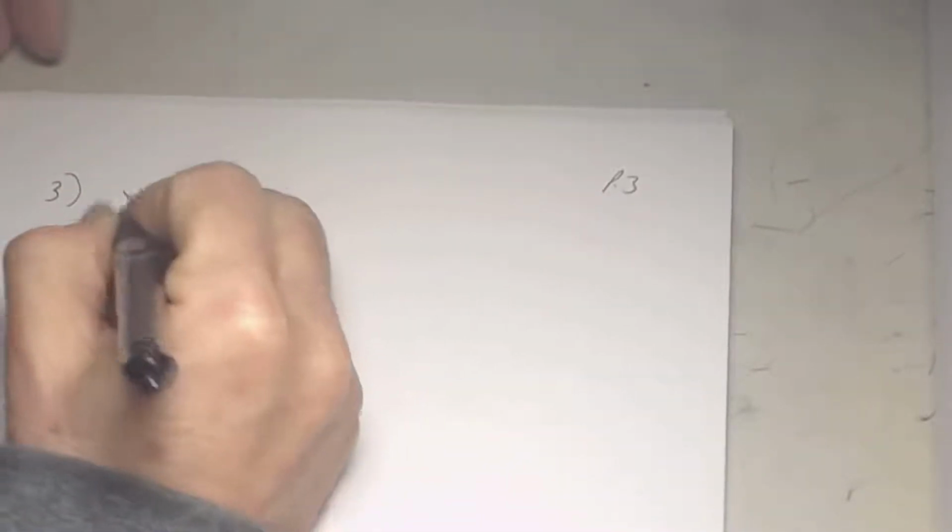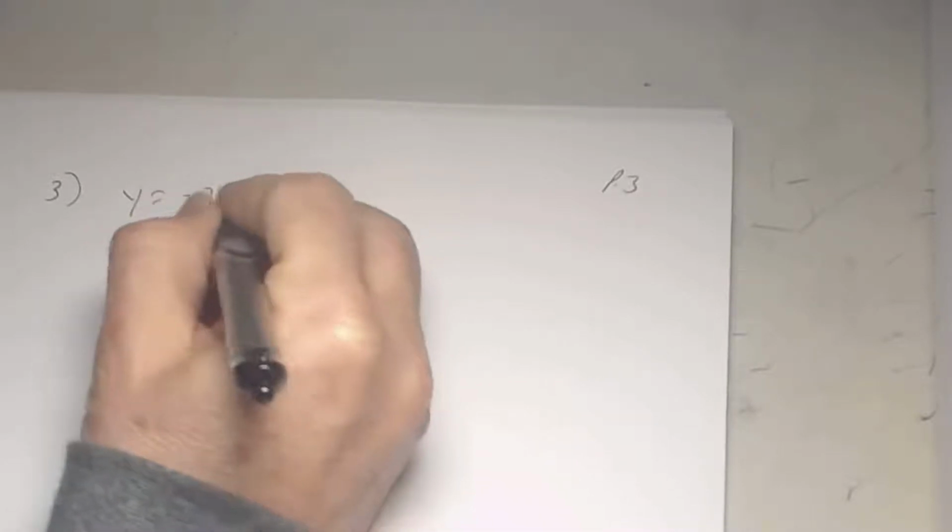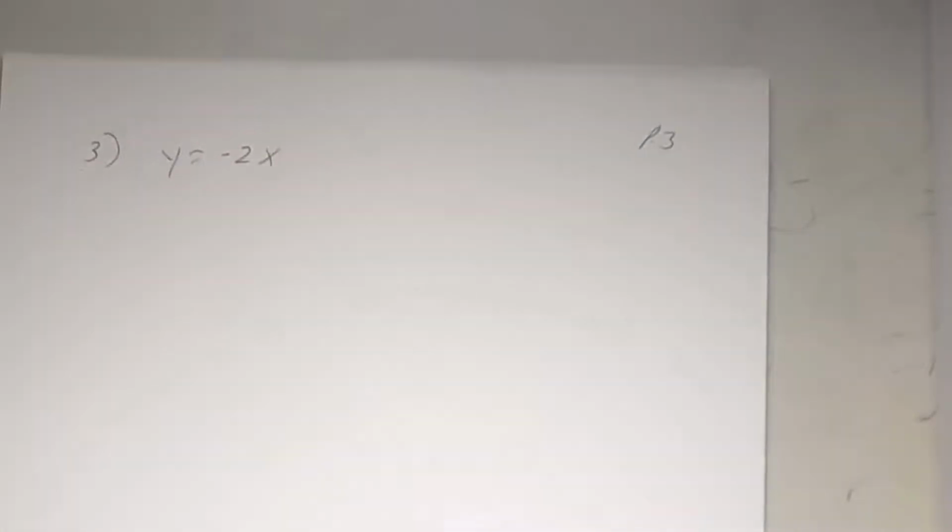All right, look at number 3. And there's one similar to this on My Math Lab. All right, so let's suppose you want to graph y equal negative 2x. Y equals negative 2x. And again, the direction says use intercepts. Okay? It says use the intercepts.